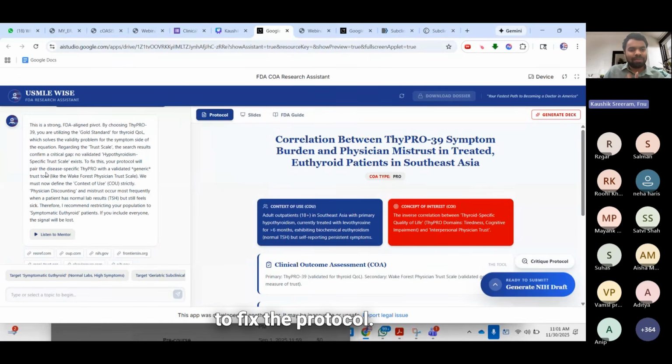To fix the protocol, we will pair this with a validated generic trust tool like your Wake Forest physician trust scale. We must now define the context of use. Physician discounting and mistrust occurs more frequently when a patient has normal labs but still feels sick. Therefore, I recommend restricting your population to symptomatic euthyroid patients, right?